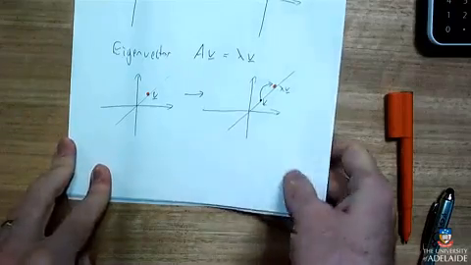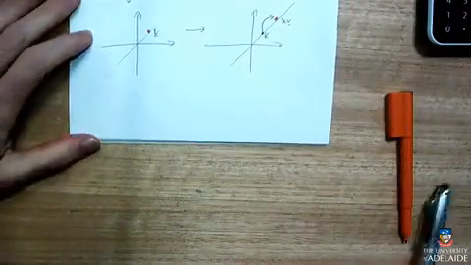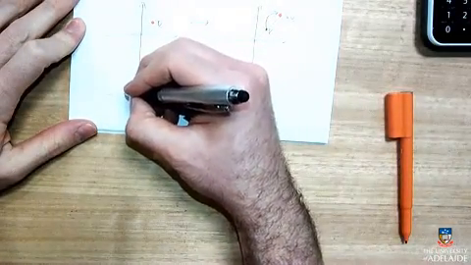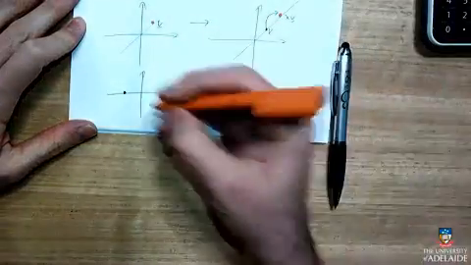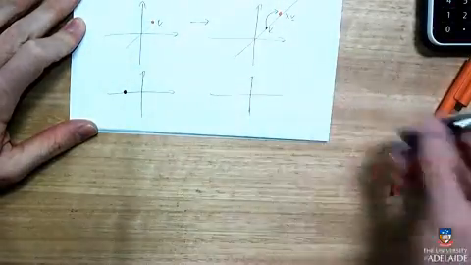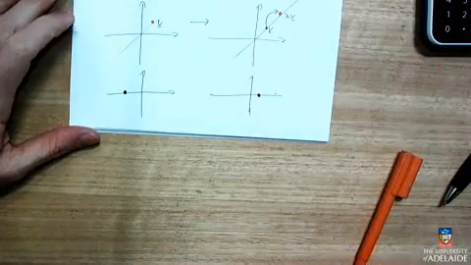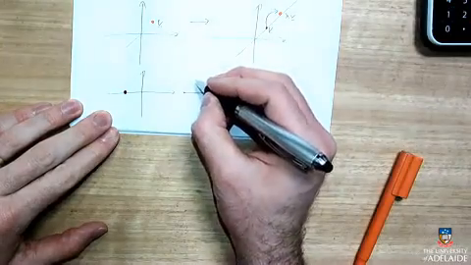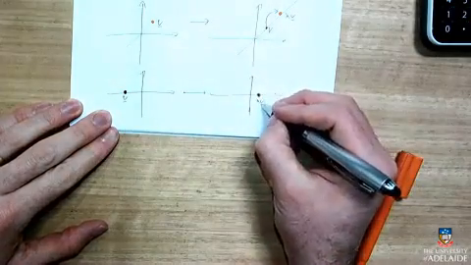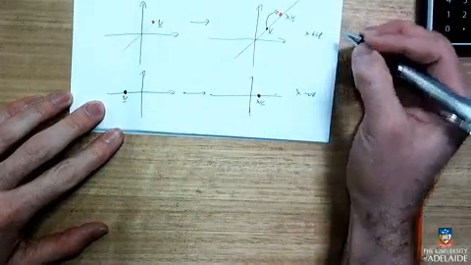Sometimes, if my lambda is negative, it will switch the eigenvector to the other side. Let me do it in nice orange. So this one could end up over here, like that. That's an eigenvector as well. Here lambda is negative, and there lambda is positive.